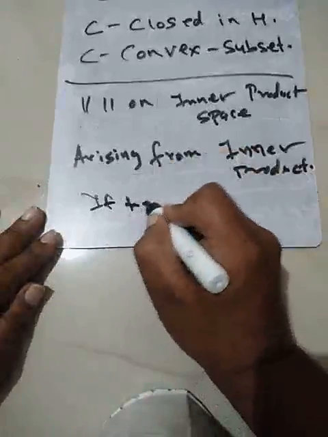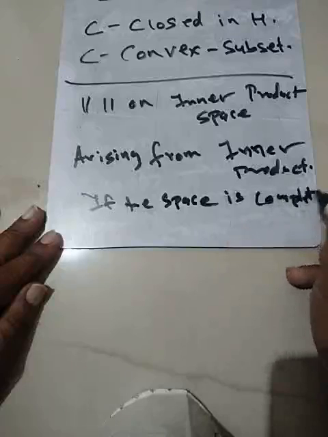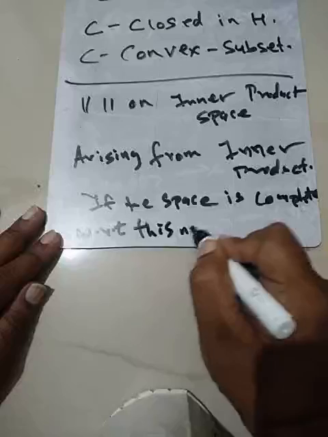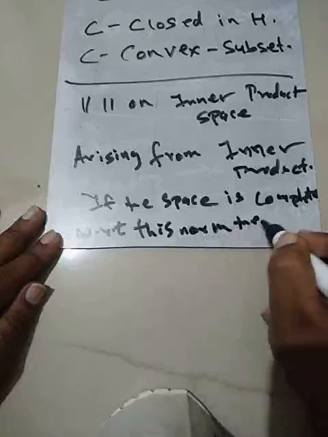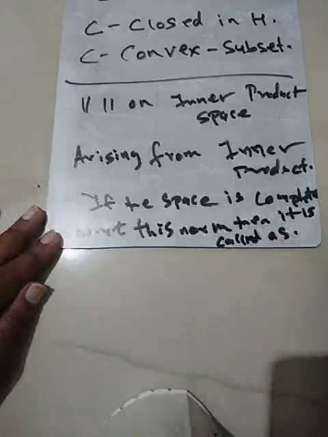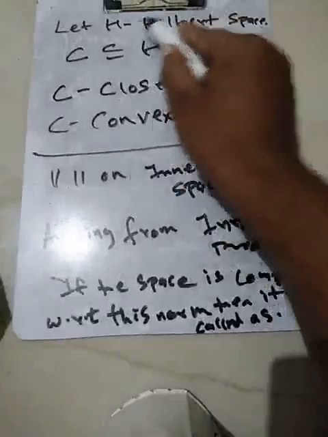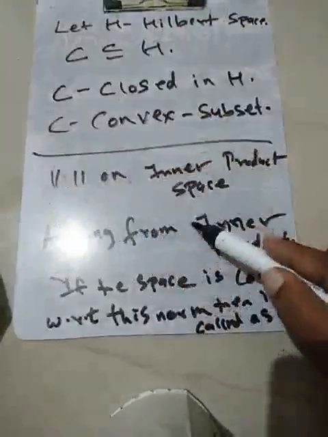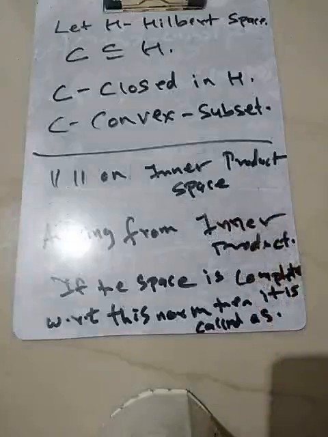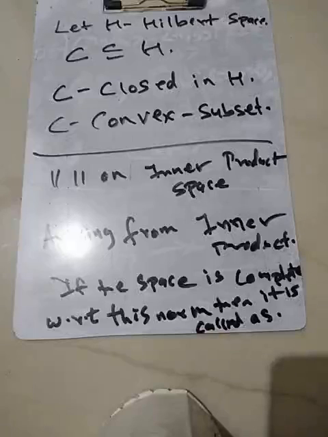If the space is complete with respect to this norm, then it is called a Hilbert space. That is, if every Cauchy sequence with respect to this norm arising from this inner product converges, then we say that such a space is what space? A Hilbert space. A Hilbert space is a complete inner product space.